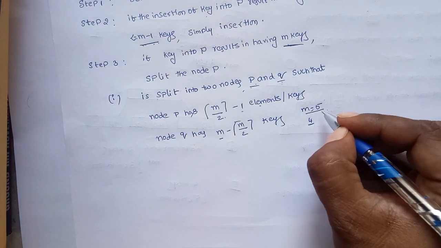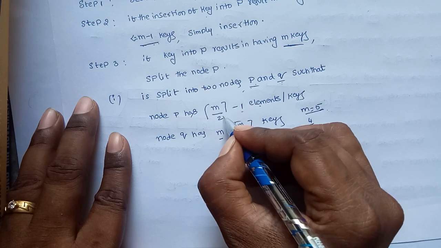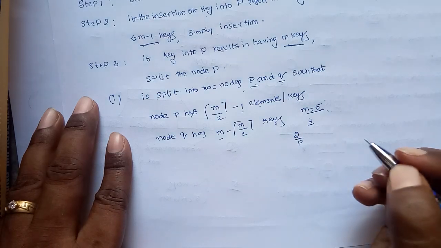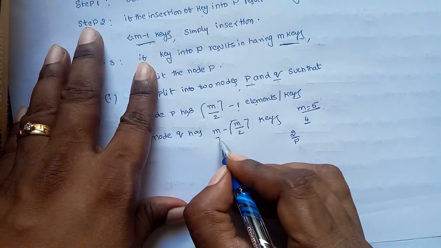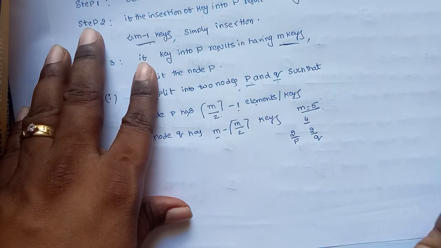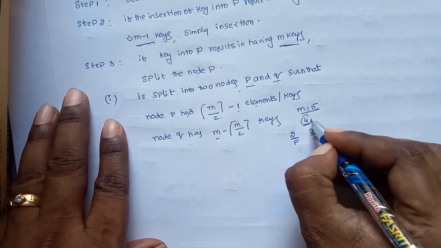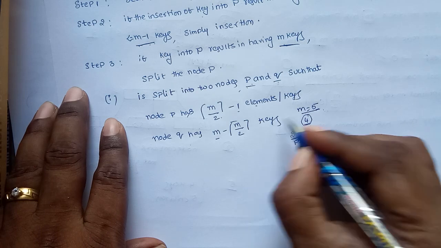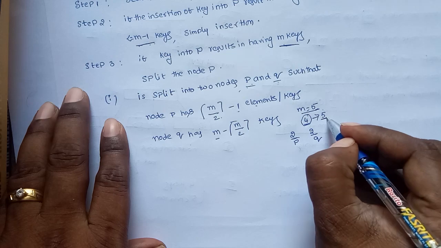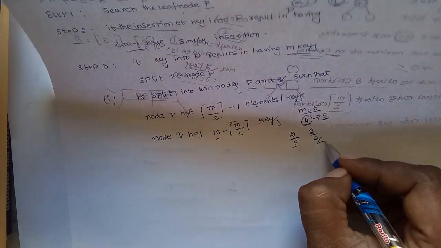After inserting one more key, it becomes 5, which violates the property. 5 by 2 means 2.5, ceil means 3. 3 minus 1, so 2 keys are placed in P. 5 minus 3, so 2 keys are placed in Q. A total of 5 keys.